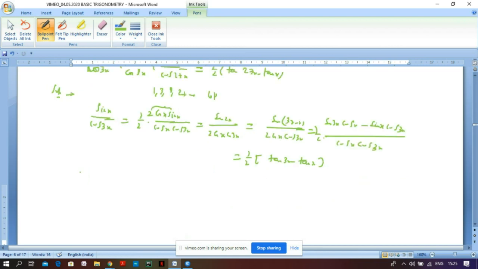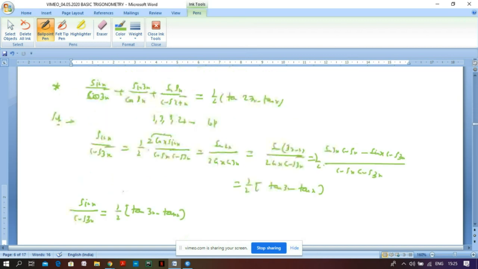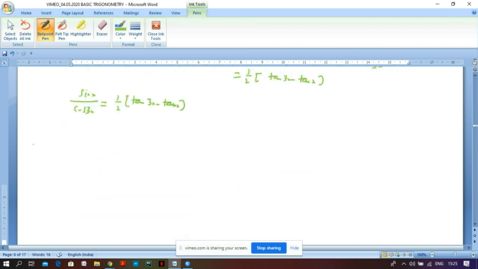So far so good. So let's write what we got: sin x upon cos 3x equals half of (tan 3x minus tan x). The next term is 3x and 9x, so replace x with 3x: you get sine 3x over cos 9x is half of (tan 9x minus tan 3x).